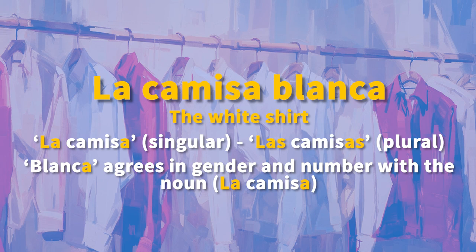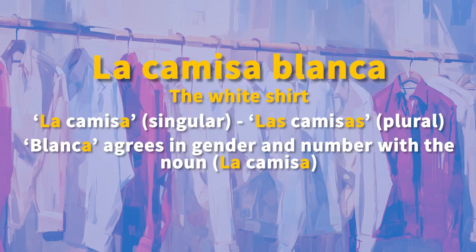Blanca is an adjective, since it's used to describe a noun. All adjectives have to agree in gender and number with the noun they modify, and they almost always come after the noun. So, if we want to make la camisa blanca plural, we have to make both the noun and the adjective plural.